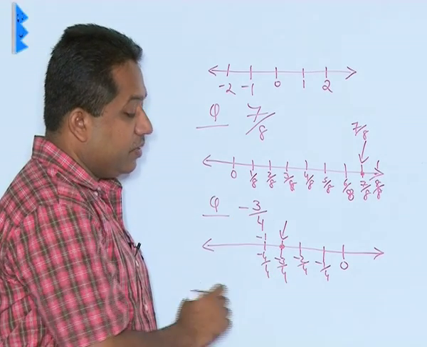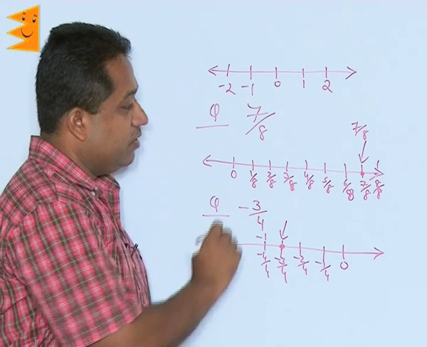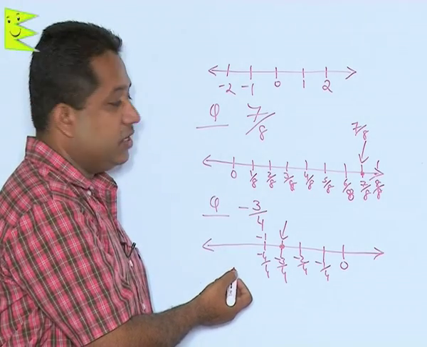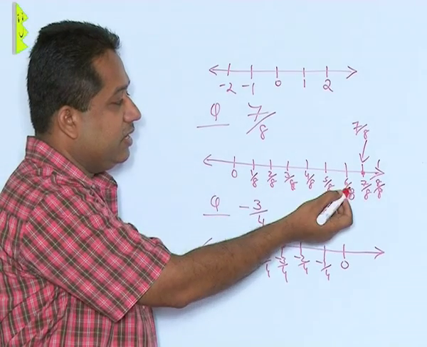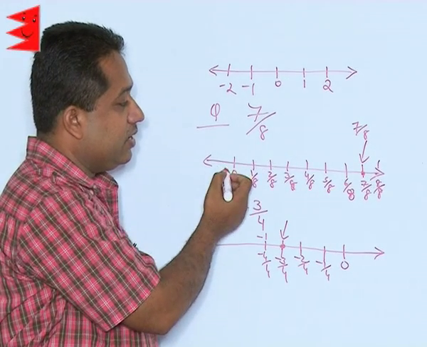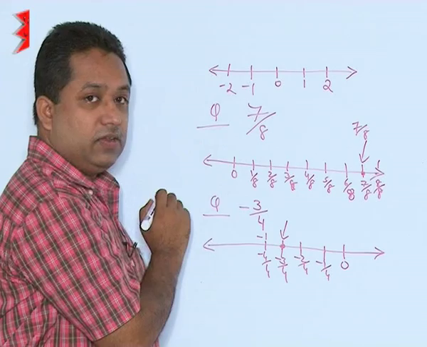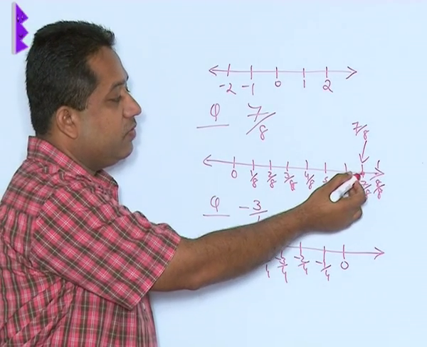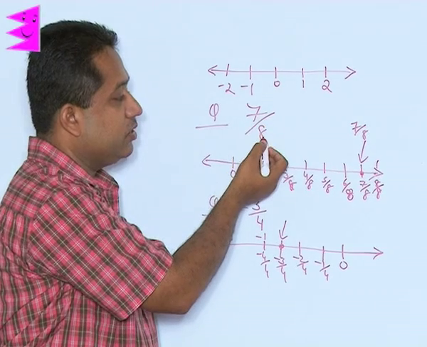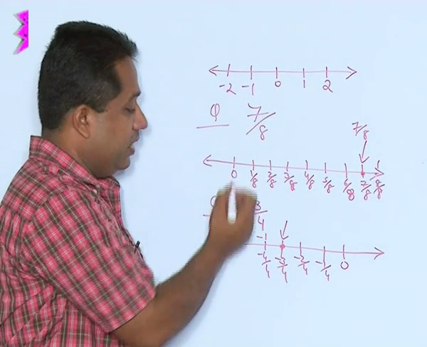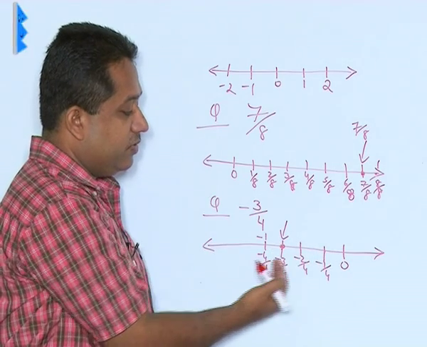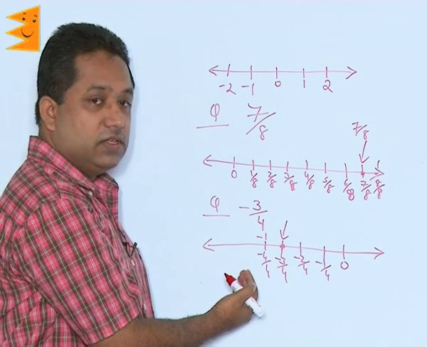So, any rational number could be given to you, and you could be asked to represent it on the number line. If it is a positive number, it will lie on the right side, and we will have to see the denominator. Denominator here is 8. So, we are dividing into 8 portions, and the 7th portion will be the required number here, because the numerator was 7. Here we found that there is a negative number. The negative number will always lie on the left side of the 0.